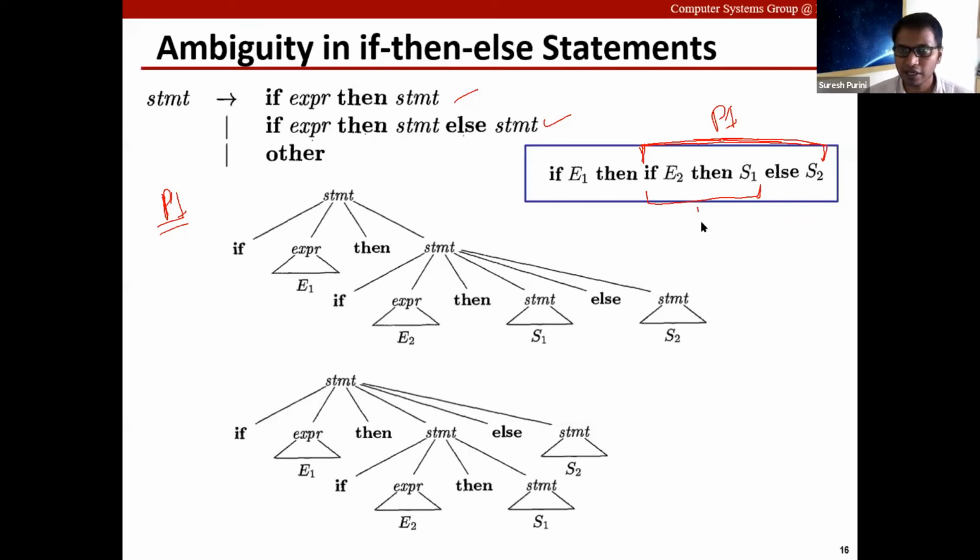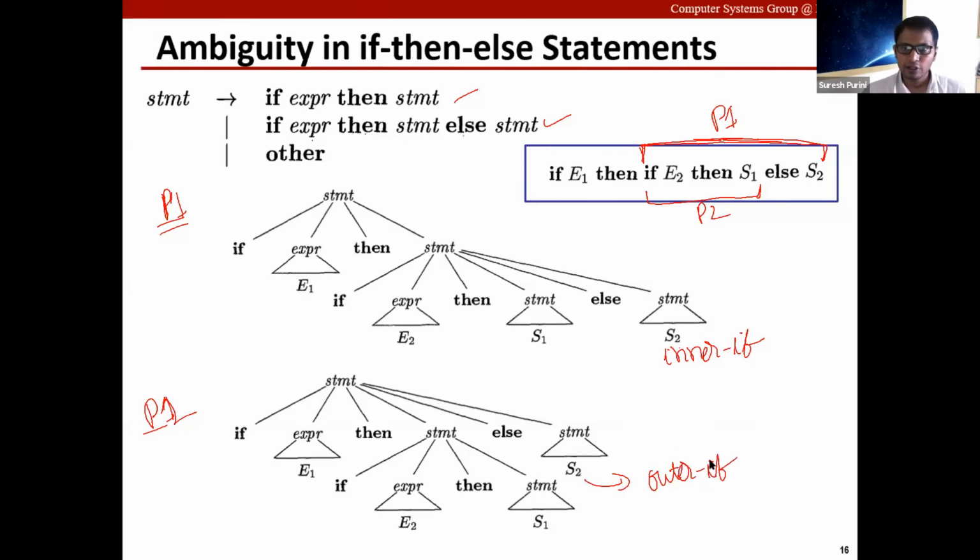So this is parse tree 2. Put differently, in parse tree P1 the statement S2 is matched to the inner if, whereas in parse tree P2 the statement S2 is matched to the outer if.